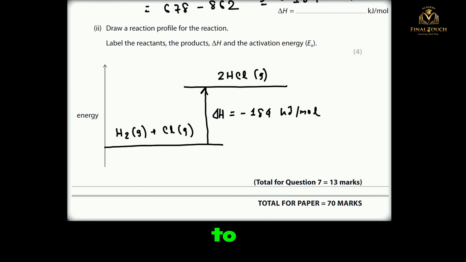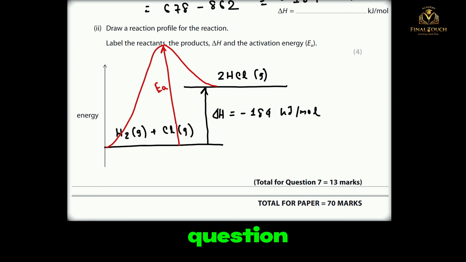They told us to label the reactants, the products, which is done, and the ΔH, which is done. Now we just need to label the activation energy. So if we start from here, the activation energy should be something like this. If we draw an arrow from here, this arrow is our activation energy. So that's your answer for the last question.